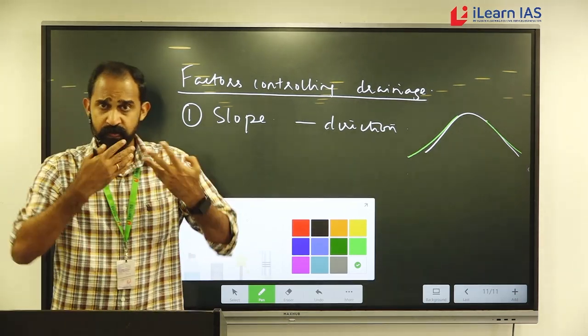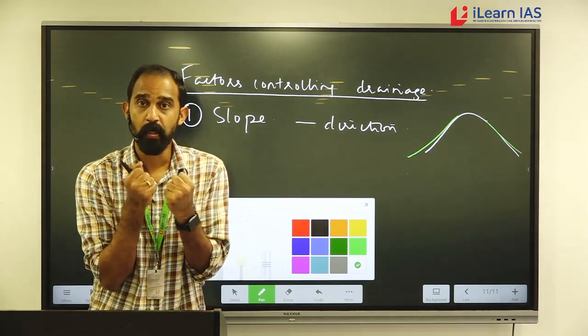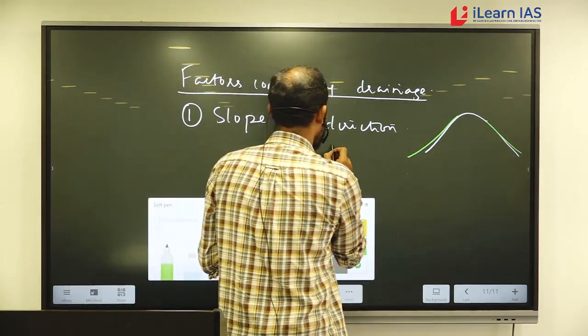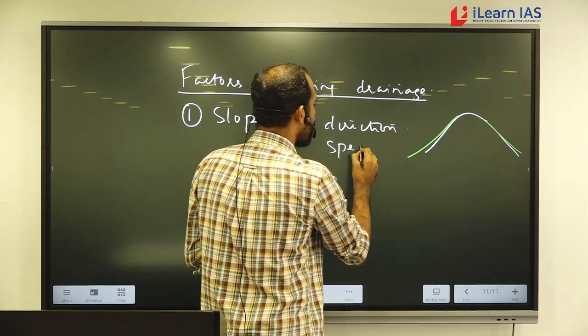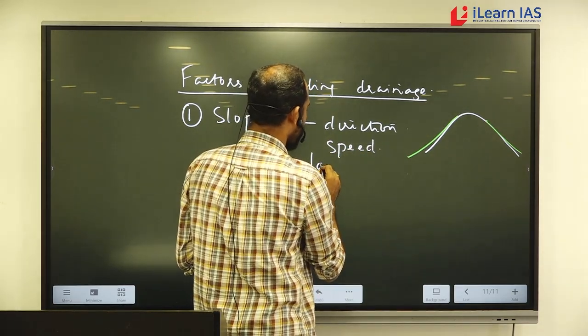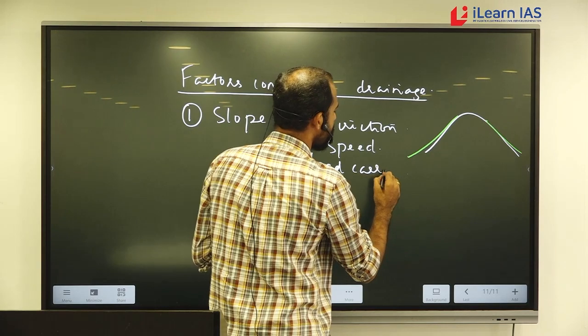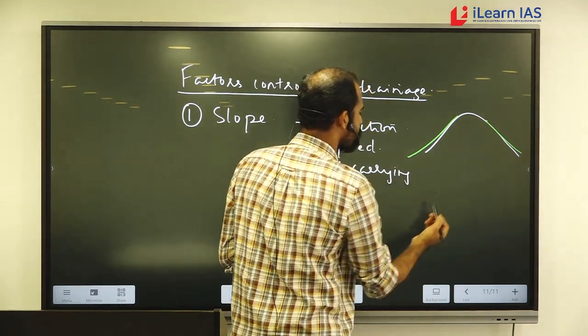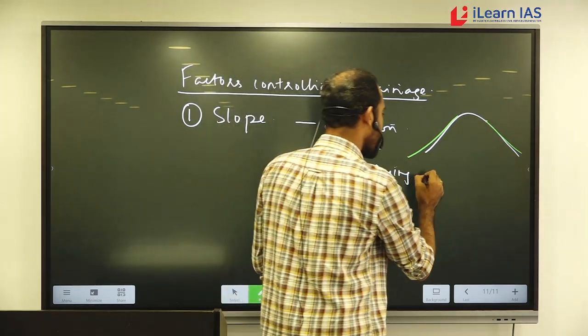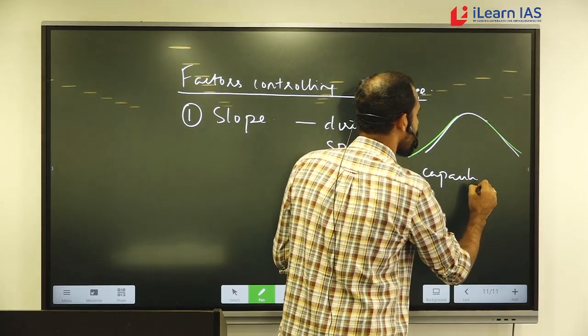Now, when the slope is more, the river has a lot of capacity to carry a lot of load. Load means all the rocks and all those things that the river carries. Load carrying capacity will be high if the slope is steep.